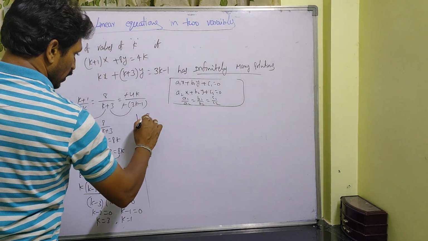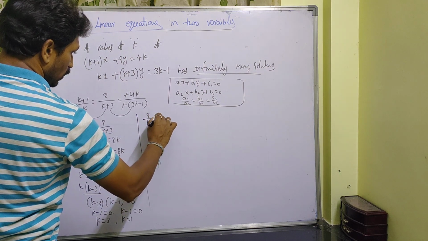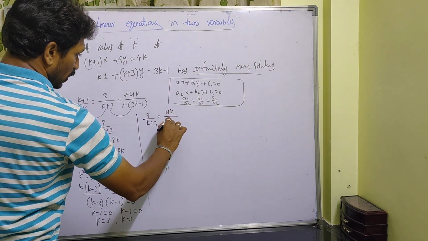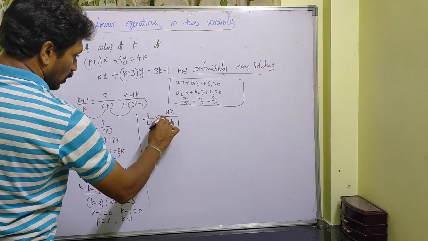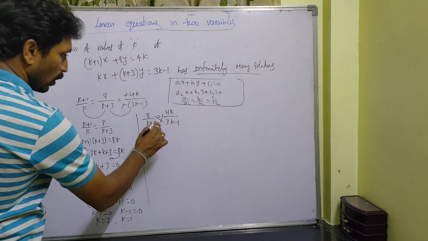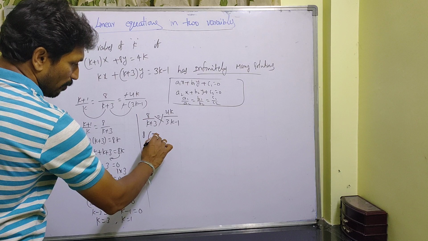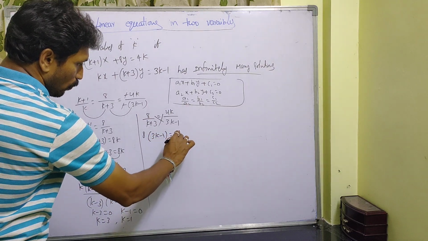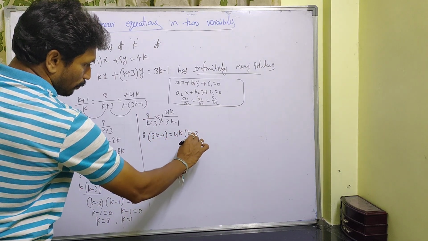See here. So 8 by (k plus 3) is equal to 4k by (3k minus 1). Again, cross multiplication. What do you have? 8 into (3k minus 1) is equal to 4k into (k plus 3).